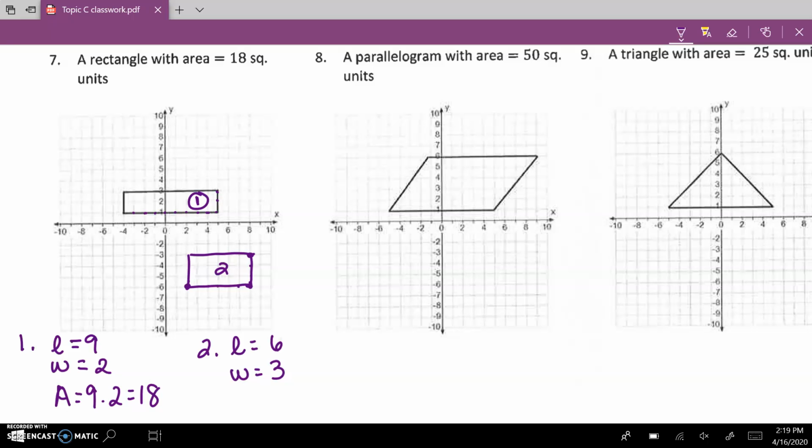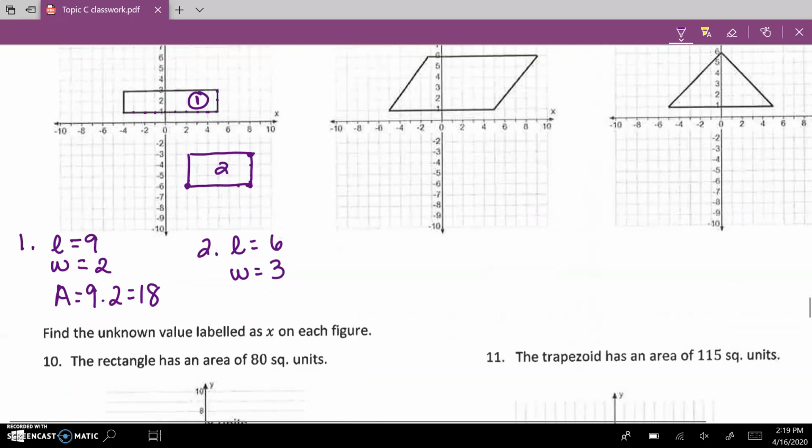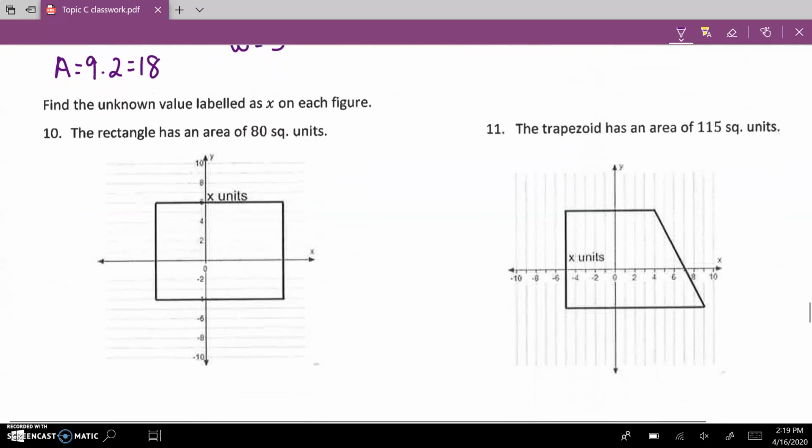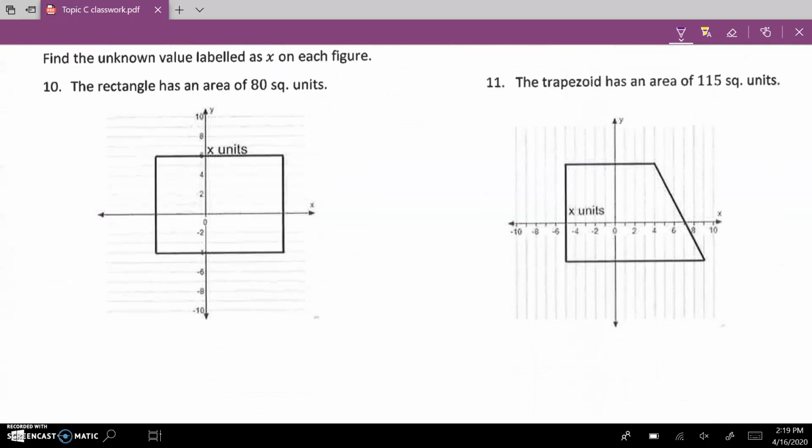Okay, so that's how 8 and 9 work. For 10 and 11, you have to figure out what x is, so this is like solving an equation. The area of a rectangle is length times width. They told us the area was 80, so you can really find the L or the W; it doesn't matter either way. But we can count how long it is going up and down.